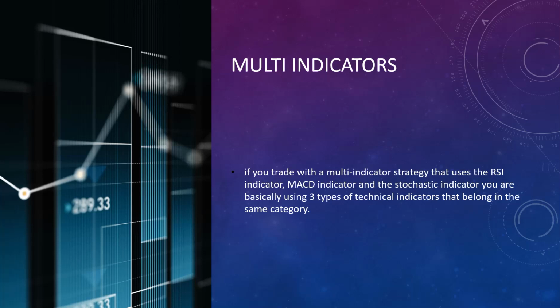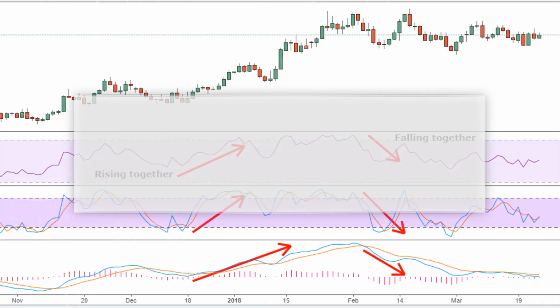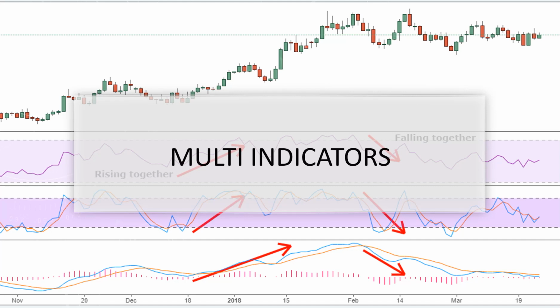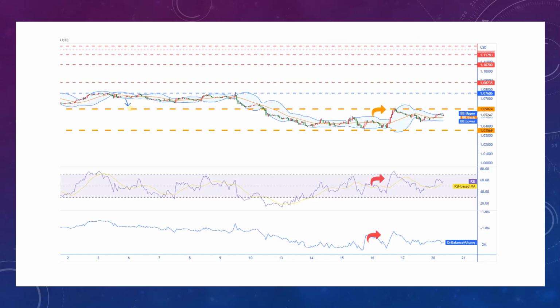So if you trade with a multi-indicator strategy that uses the RSI indicator, the MACD indicator, and the stochastics indicator, you are basically using 3 types of technical indicators that belong in the same category. In other words, you've got multicollinearity, and if you notice on the chart, they're all telling you to do the same thing at the same time because they will always, or almost always, be identical.